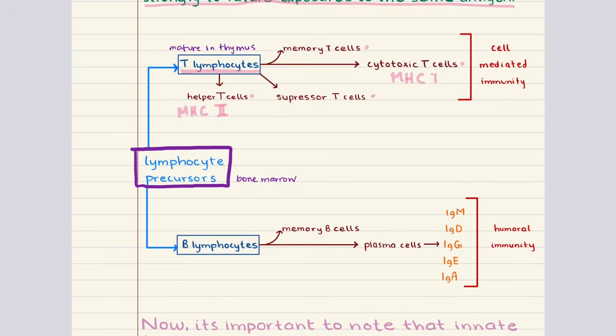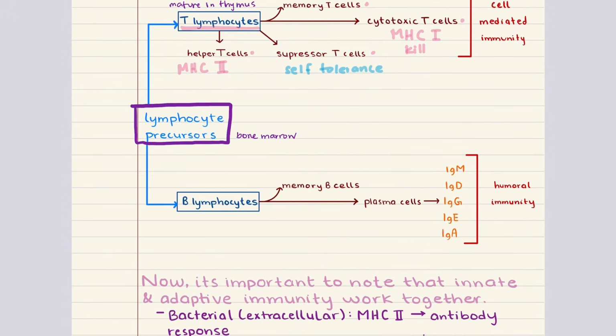Cytotoxic T cells can recognize MHC class I antigens and kill infected or cancerous cells. Regulatory T cells are going to maintain self-tolerance and prevent overactivation. Finally, memory T cells are going to persist long-term for faster secondary responses. So these subtypes form cell-mediated immunity, where immune cells themselves are the effectors.